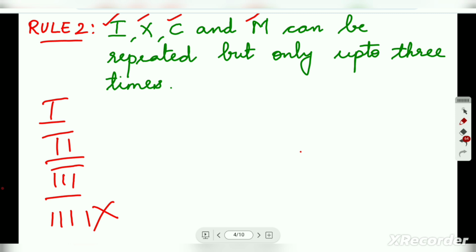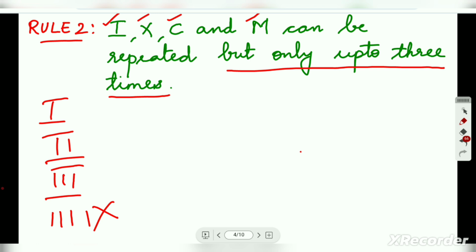So what is the rule? I can be repeated, but it can be repeated only up to 3 times. So how do you write 4? We'll come across it in the next rule. For now, you just have to know that I, X, C and M can be repeated but only up to 3 times.